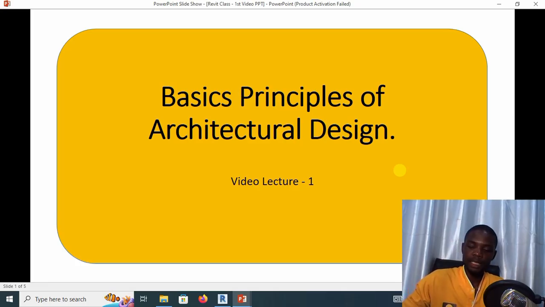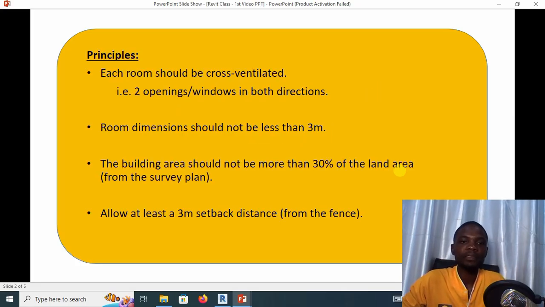So first, let's move on to the first slide we have here. One of the principles is that your rooms, if you are designing a residential building, should have cross ventilation, right? What is cross ventilation? Cross ventilation simply means that there should be openings, either in form of windows or in form of other openings on adjacent sides of your room.